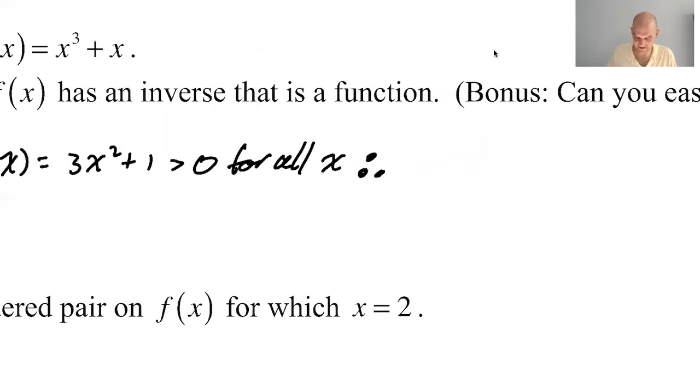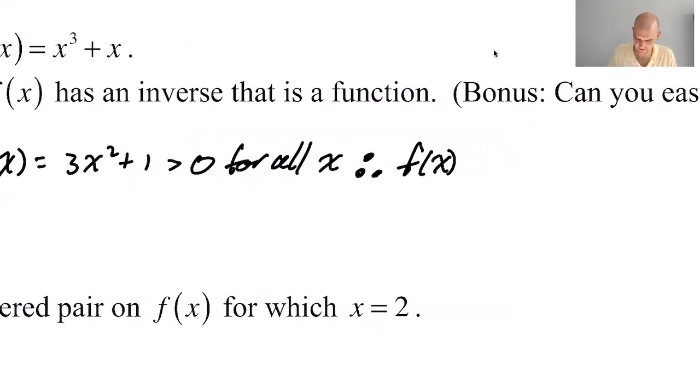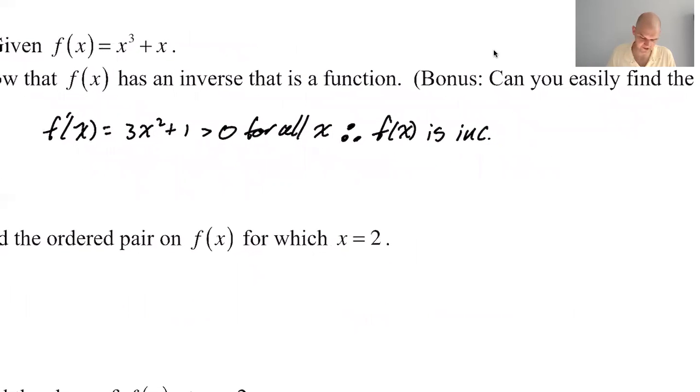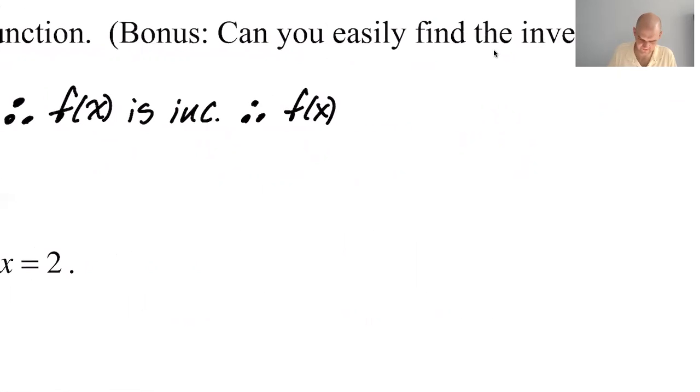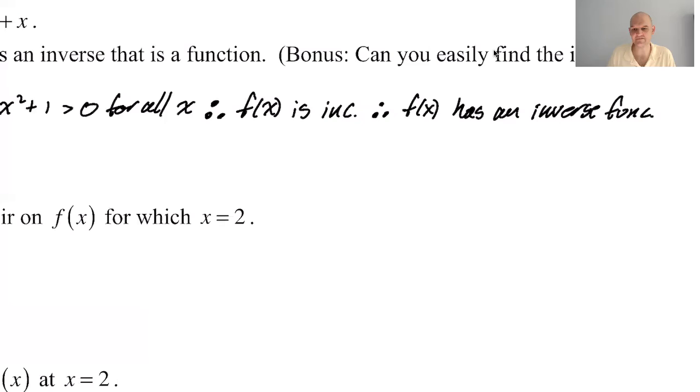Therefore, f of x is increasing for sure, because the derivative is greater than 0, which maybe you don't 100% know yet, but I feel you probably intuitively know that. And if you took analysis, you definitely know that. So f of x is increasing, and therefore f of x has an inverse function. There you go, function, period.